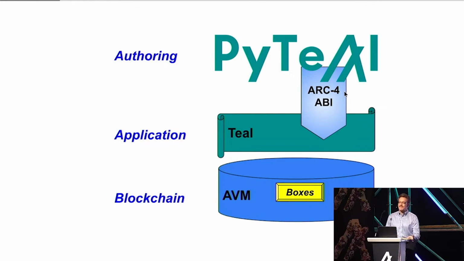In particular, it describes how to encode rich data types, how to make method calls, and also how to publicize what your contract is doing through a JSON file, which you could think of as, if you've ever programmed in C++ or C, kind of like the .h header files that have the signatures of the actual application.